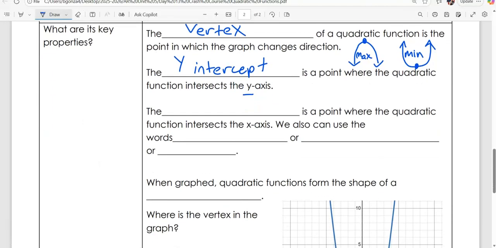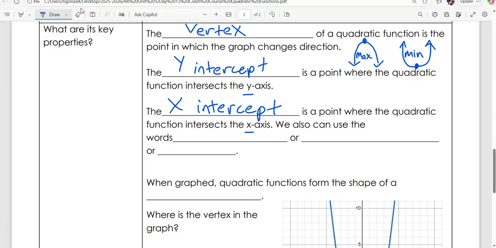Okay, so now what about where it crosses the x-axis? Well, that's the x-intercept. And you should have learned 3 other names for an x-intercept, right? We said it this year. You should have heard it in Algebra 1 or whatever.